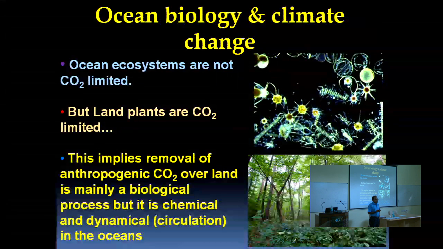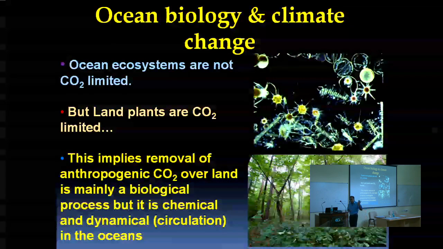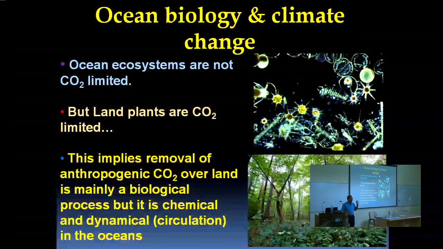Under higher CO2 concentration, you're not going to have more photosynthesis over the ocean because it is not limited by CO2. It is limited by other nutrients like iron, nitrogen, and phosphorus. Okay? I think this is another important message. Many times people think we can stimulate ocean biology, but it is not really limited by this.